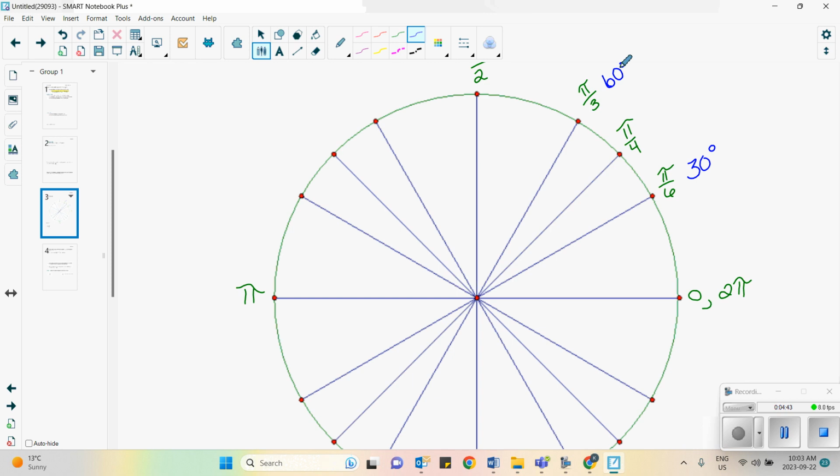So this is how I remember it. I remember it as opposites. Base is 6, so this one's 30. This is a base of 3, so this one's 60. That's how I connect them in my brain, that they're opposites. We said that pi over 4 is halfway, so that one's going to be 45.